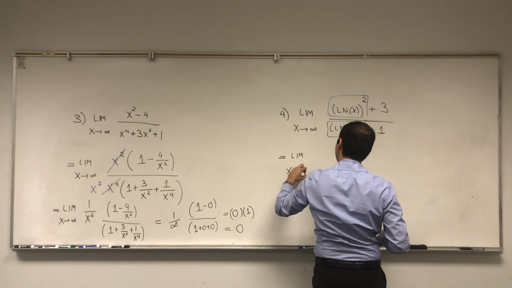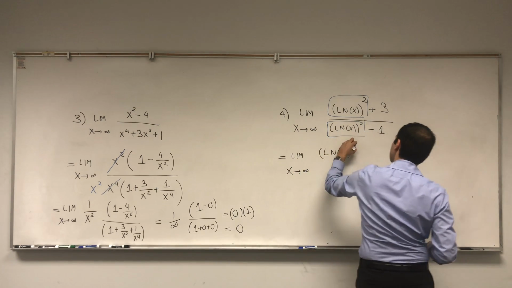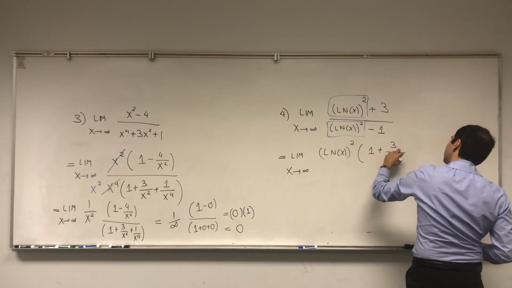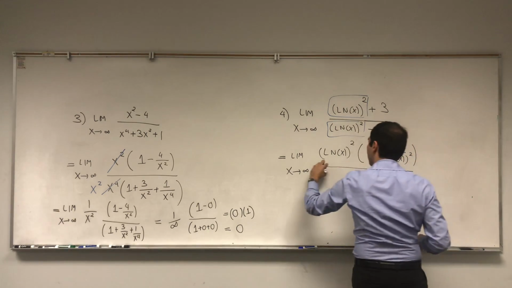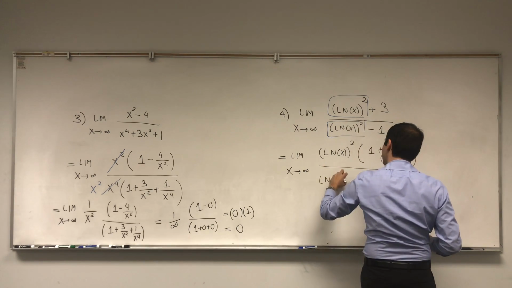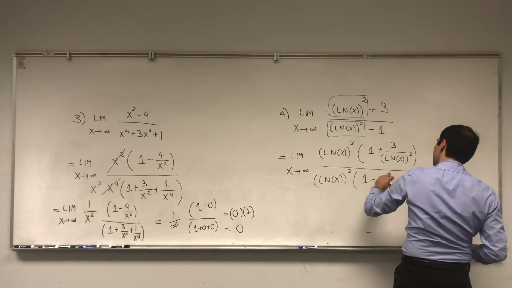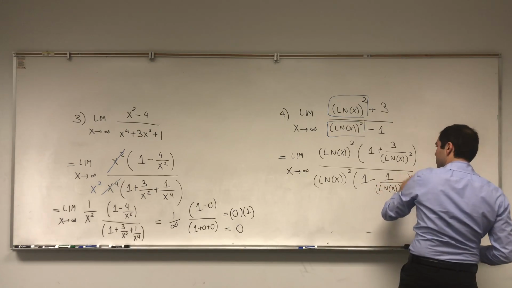So that becomes the limit as x goes to infinity of ln of x squared times (1 plus 3 over ln of x squared), and then ln of x squared times (1 minus 1 over ln of x squared).